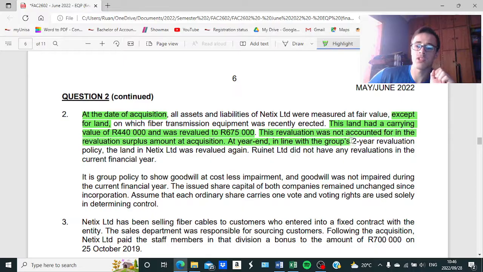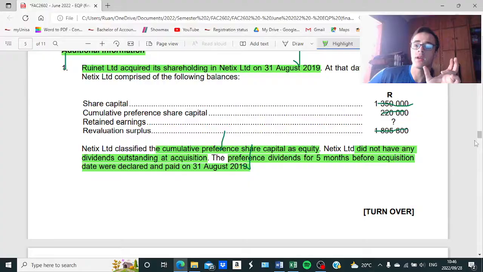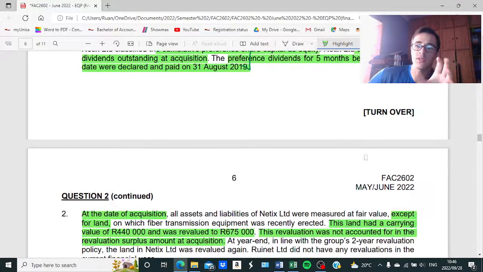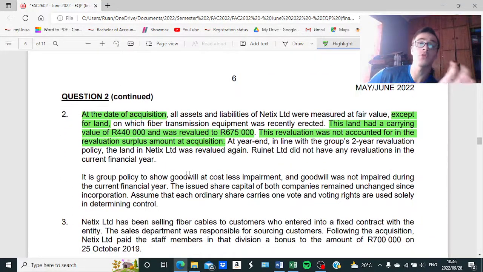This revaluation was not accounted for in the revaluation surplus amount at acquisition, meaning it is not included in this balance right here. So we still need to add that balance because it occurred on the same date, so it should form part of the balance of revaluation surplus at acquisition.